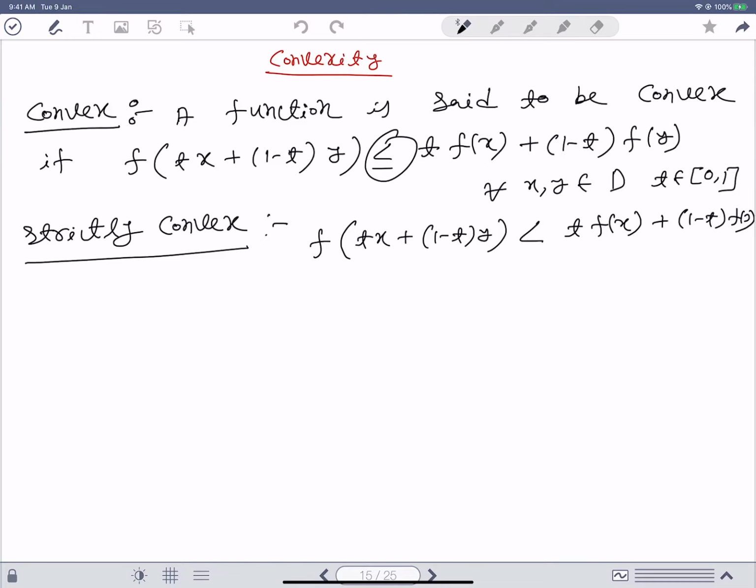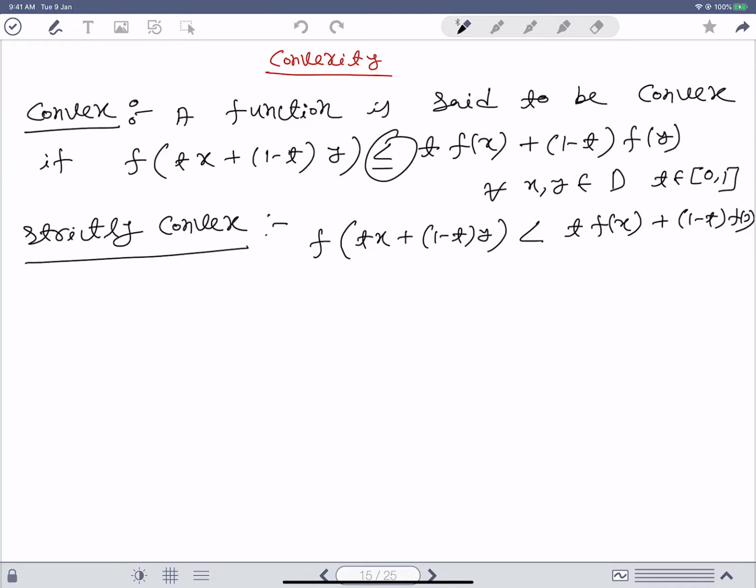Now there is another term called strongly convex. Okay, I will define that later, because in this way it will be a little bit difficult to define. Anyway, now you have to remember a few facts.